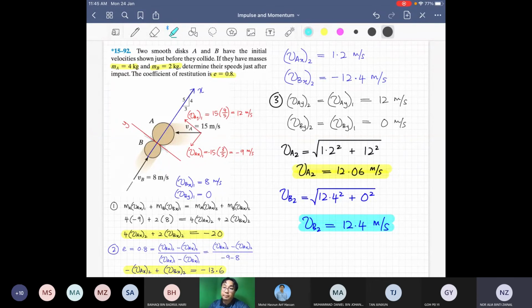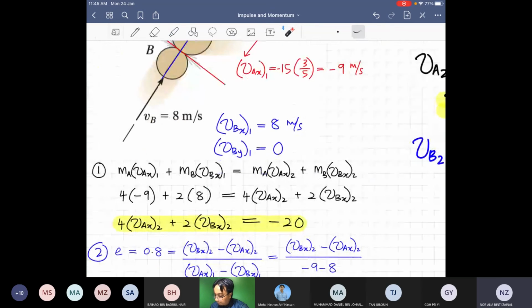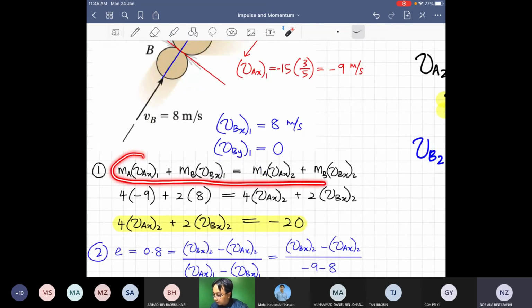oblique impact. Okay, so basically step pertama ialah to apply, saya ulang balik, step pertama ialah to apply this equation, the conservation of momentum of the whole system in x-axis, hanya untuk x-axis sahaja. Okay, so ini kena include dua-dua, MA, VA dan juga MB, VB untuk 1 dan 2.